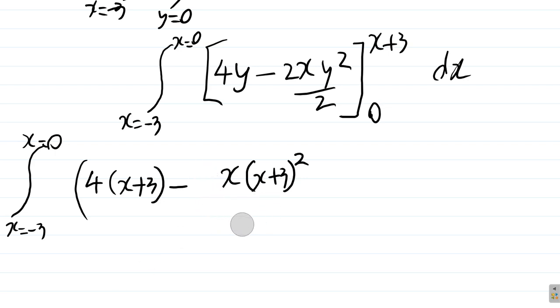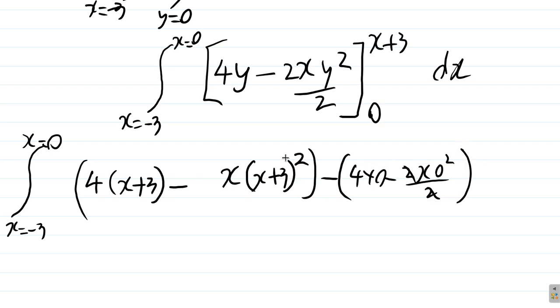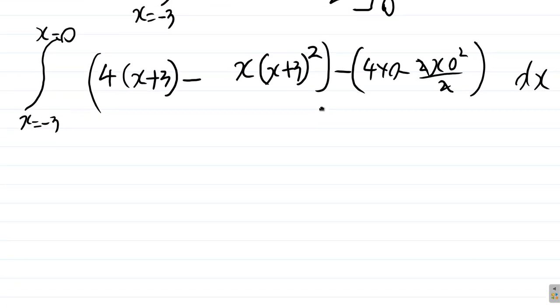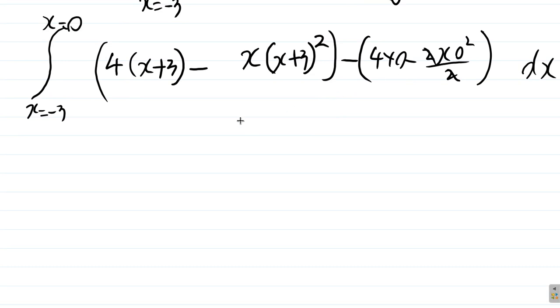I can leave off the 2 part here. Okay, minus, open bracket. The lower boundary is 0. So it's going to be 4 times 0 minus 2x times 0 squared over 2. And 2 would cancel 2. But guess what now? Dx. This part is going to be 0.